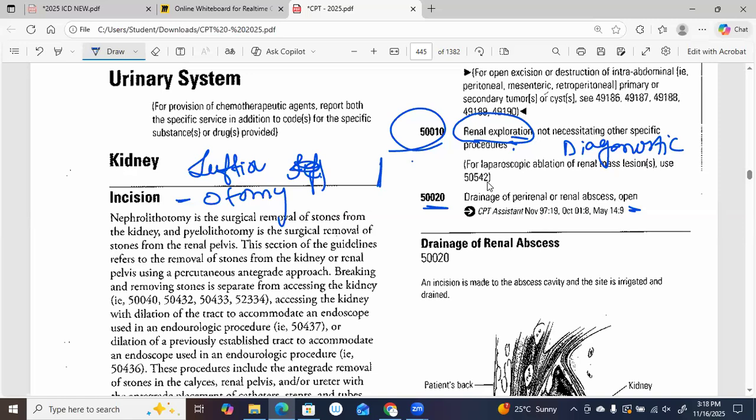So in an open treatment for draining an abscess on the kidney or on surrounding renal tissue, that is the perinephric or perirenal area, the doctor makes a small incision in the skin of the flank.